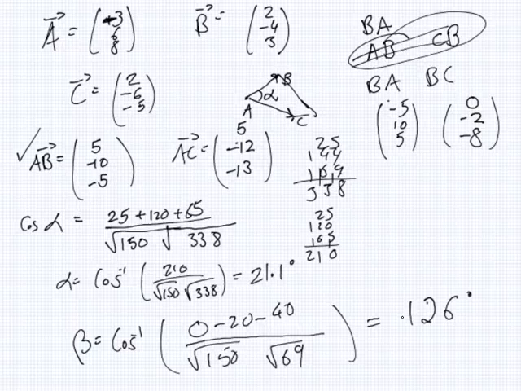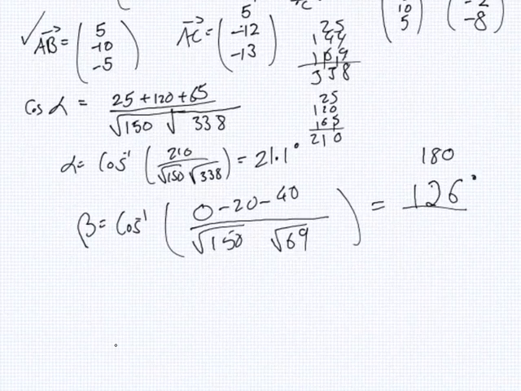Now, you actually have two angles here. You have the acute angle and the obtuse angle. And it's kind of difficult to see which one it is. Because it could also be 180 minus this one, because it depends which way you measure the angle.